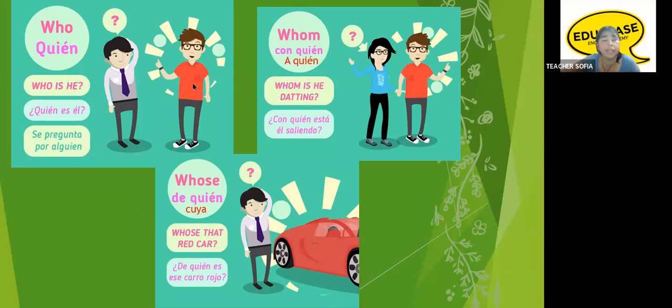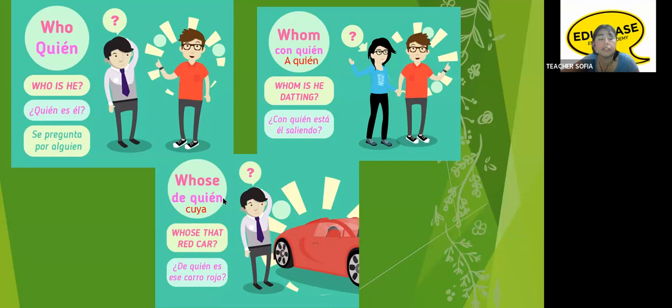So here we can add whose, another similar expression, but in this case it is used when we're talking about possession, right? De quién, whose in interrogative, and in affirmative it can be cuya casa está en San Salvador, cuya hermana trabaja, for example.